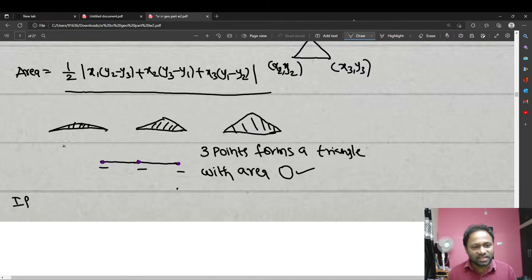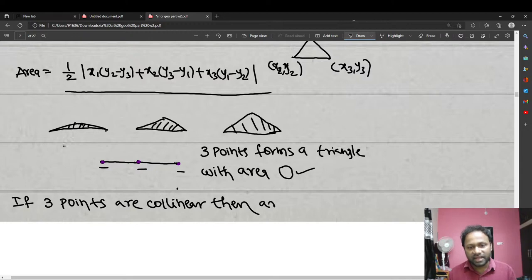Now I am writing the condition. If 3 points are collinear, then the area of the triangle is 0. This is the main concept.